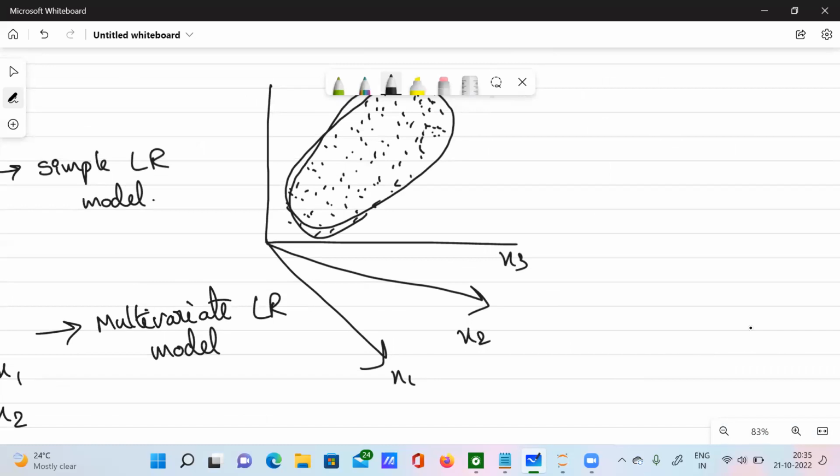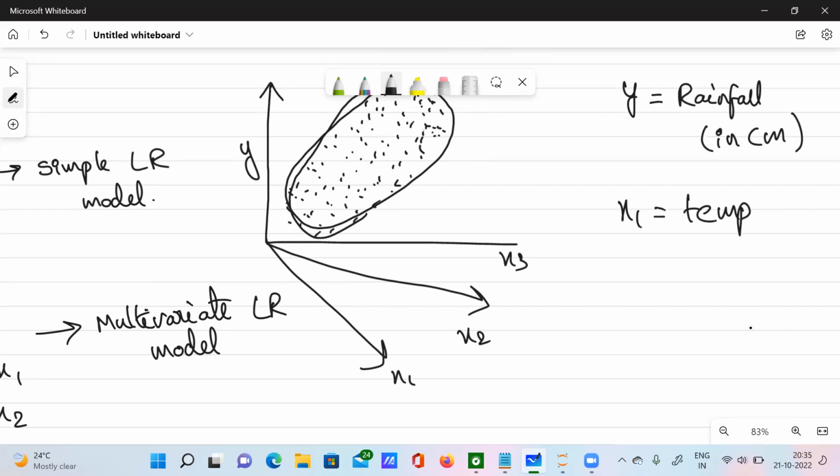For example, let us consider this is our output, the y. Let us consider y is rainfall in centimeters. So y is our precipitation, the rainfall at the centimeter level. Okay, and now what is this x1 here? X1 is the temperature, let's say.